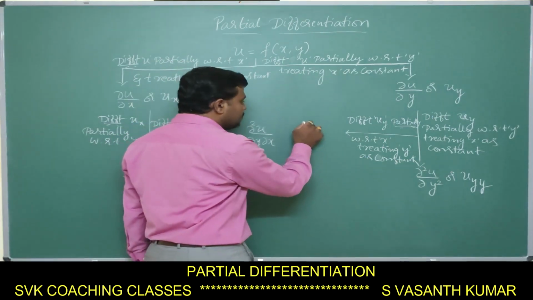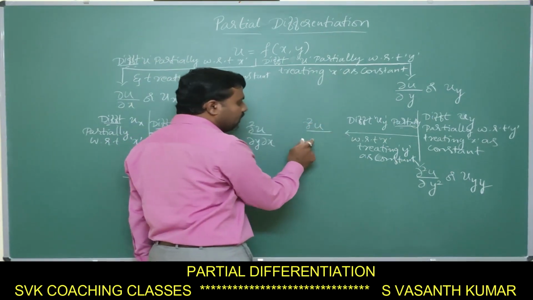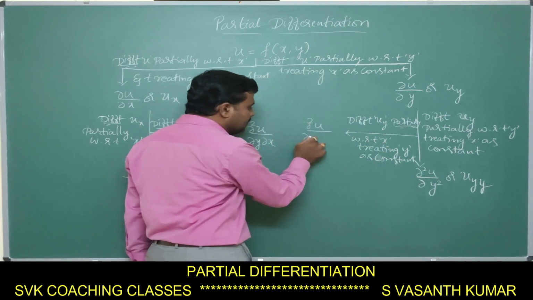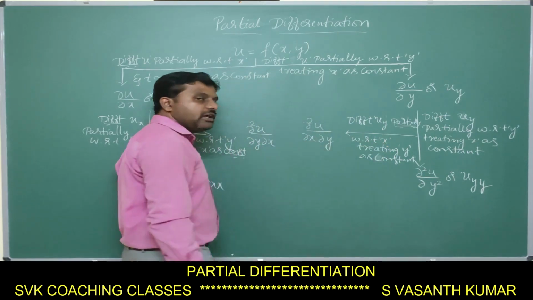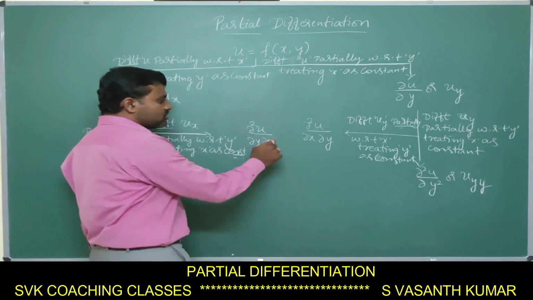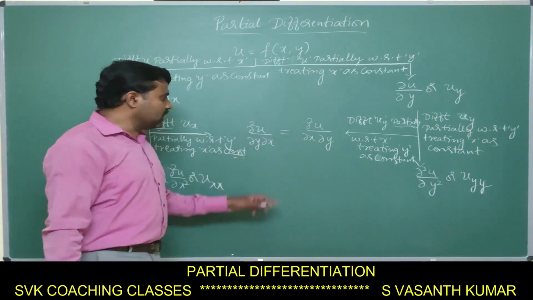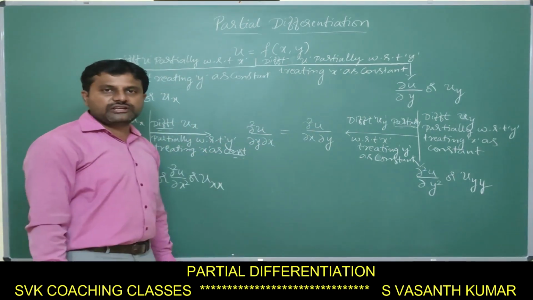We are going to get del square u by del x del y. But these two values are one and the same.